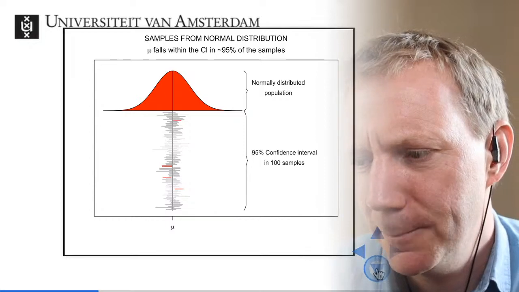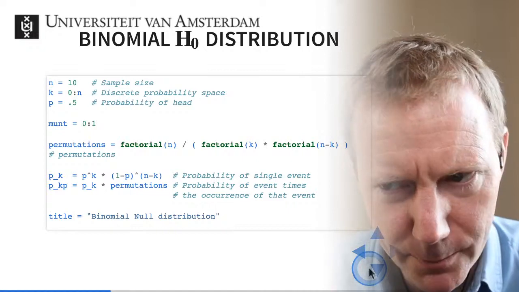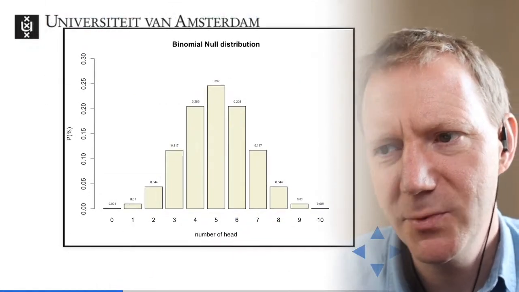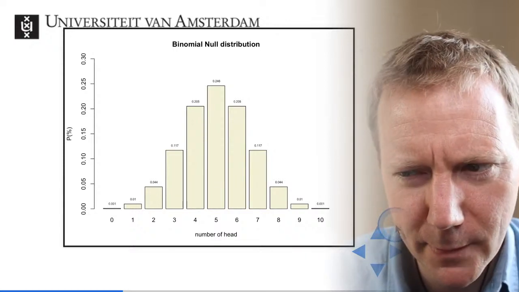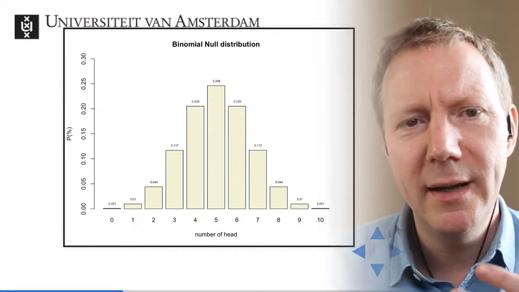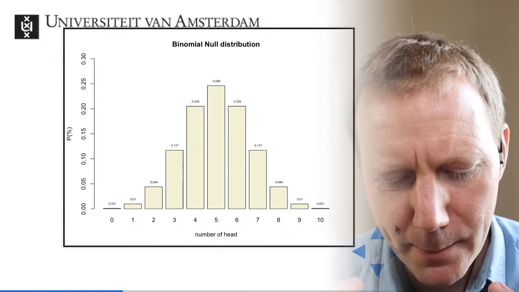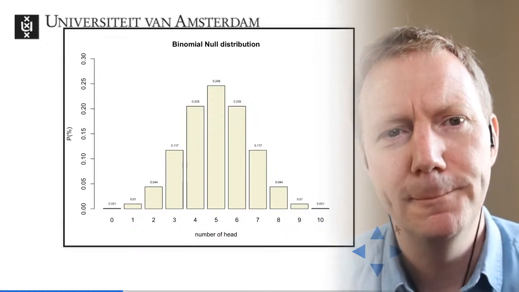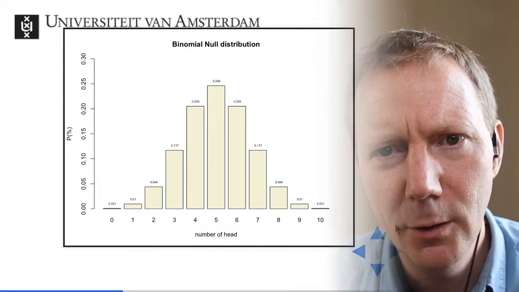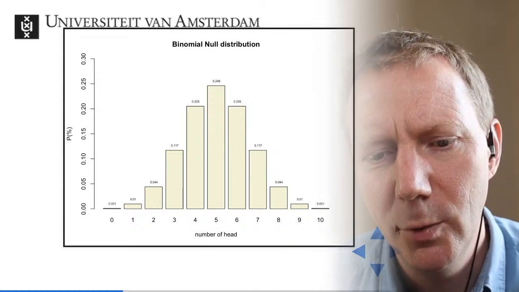We'll continue with the example of last week. What I have here is the binomial distribution again, as we looked at last week, where we had thrown 10 times, and based on all of you throwing the coins, we determined what the sampling distribution would be.